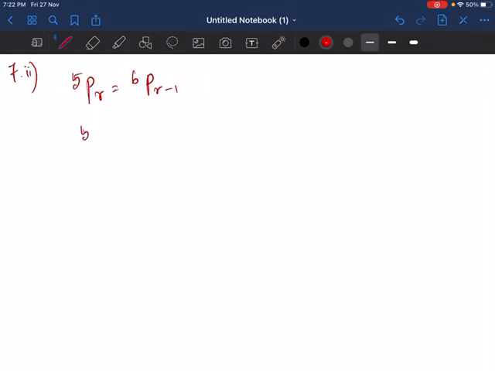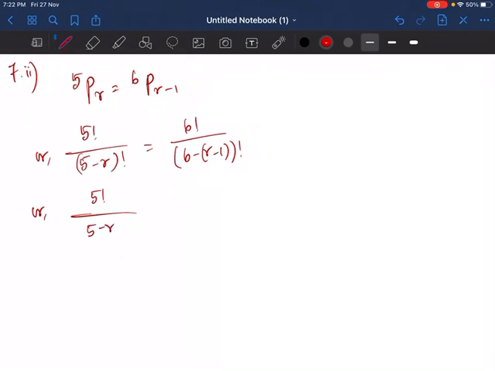5Pr is equal to 5 factorial divided by (5 minus r) factorial, is equal to 6 factorial divided by (6 minus (r minus 1)) factorial, which is (6 minus r plus 1) factorial. Let's leave it like this, we'll cut at one time.